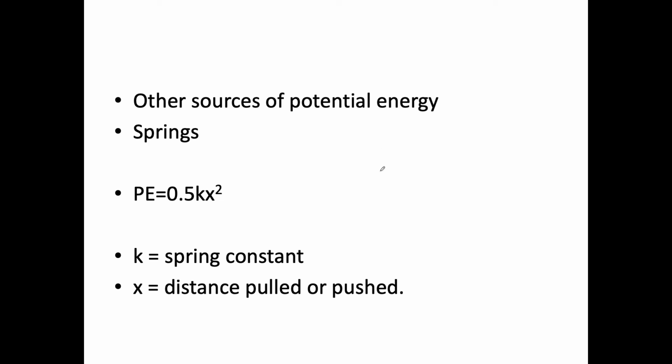So we have a spring, say it's hanging down, and it looks something like this. Usually the coils are pretty much equal. The distance between this point and this point may be a meter, maybe half a meter, whatever. This is the 0 point.